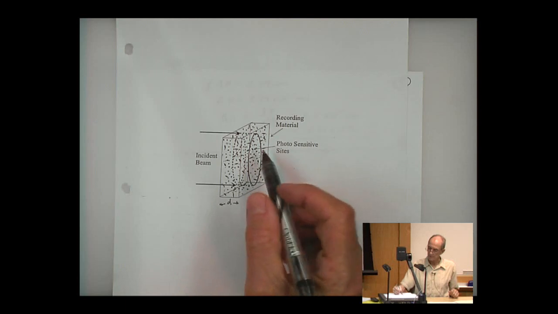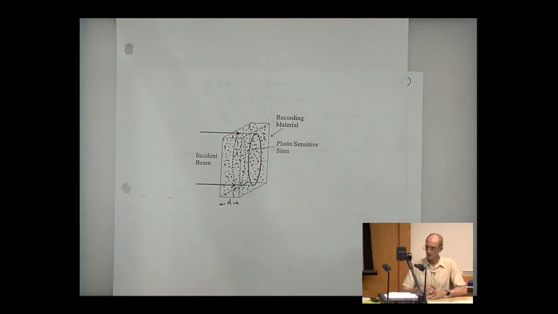So you have a host material. It could be a polymer of some sort, or for silver halide film, it's a gelatin. And then embedded in that, there's a mixture of photosensitive sites. This is most evident in silver halide, where you use very fine grained silver halide crystals. Those crystals may be on the order of 5 to 25 nanometers.